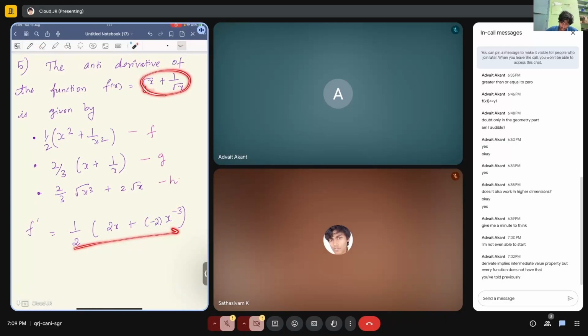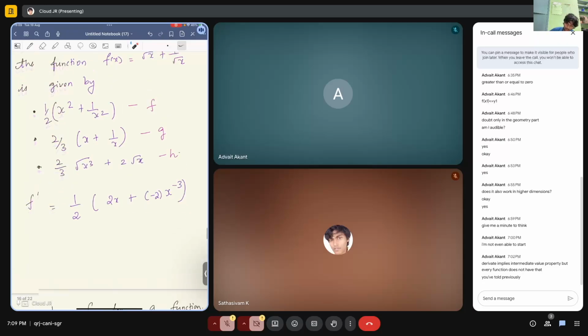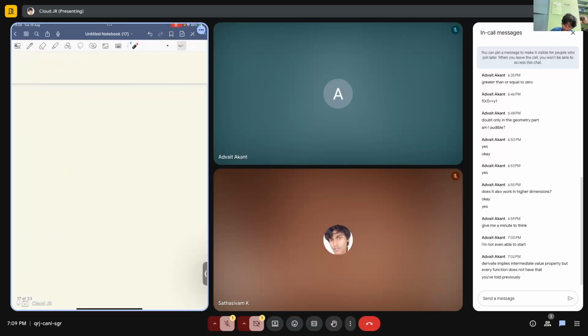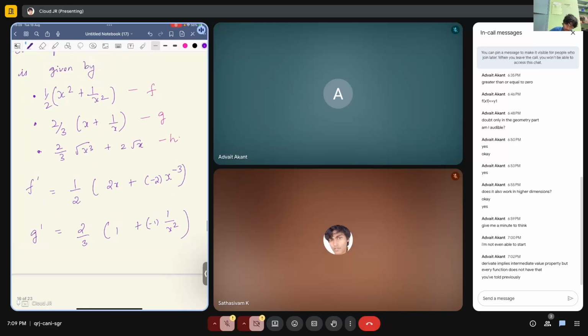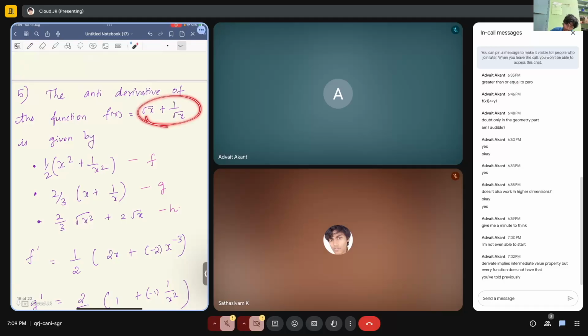So this is not the same as that. Okay, let's look at the second one. It is also similar. Let's look at g prime. This will be 2 by 3 and 1 plus minus 1 power 1 by x square. This is also not equal to the given function.